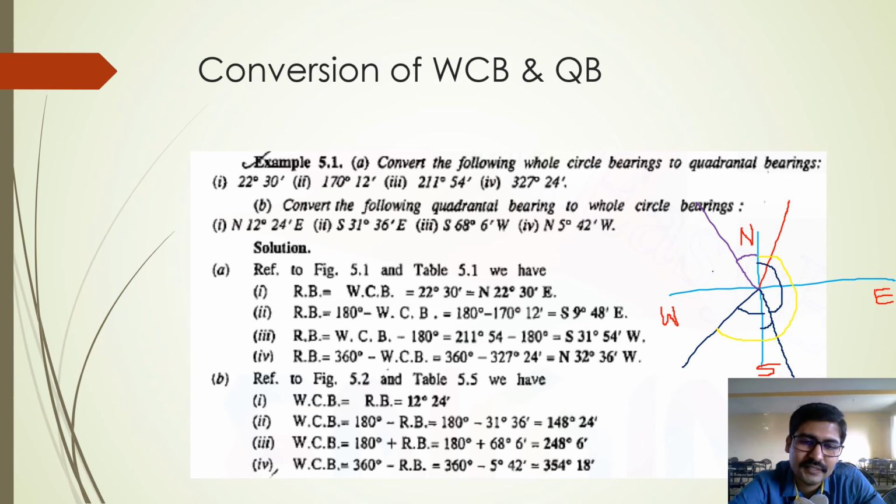That is why the whole circle bearing is 12 degrees 24 minutes, because in the whole circle bearing system the angle is with respect to north, and in the quadrantal bearing system this line is also with respect to north, so we get the same angle. In the quadrantal bearing system the quadrants are written, remember, but in the whole circle bearing system only the angle is written. It is always with respect to north, so we don't mention the quadrant, right?